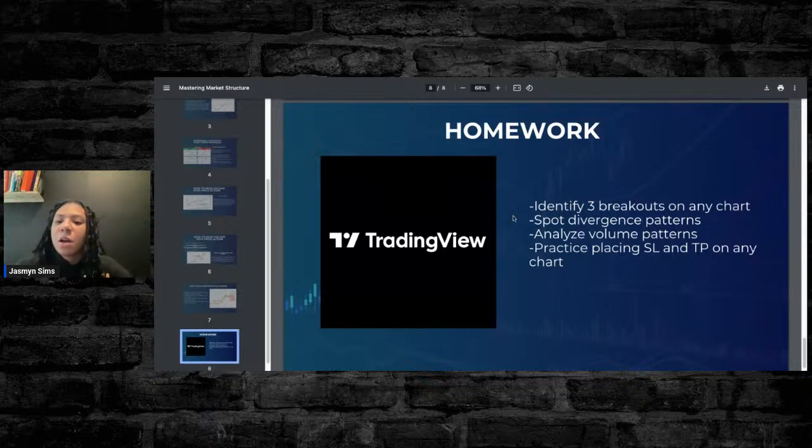Also spot divergence patterns. I guess another 3 for those. I didn't put a number, but try to spot 3 divergence patterns. Also analyze volume patterns. That just means if you see price continuing to go up, make sure that volume is reflecting it.